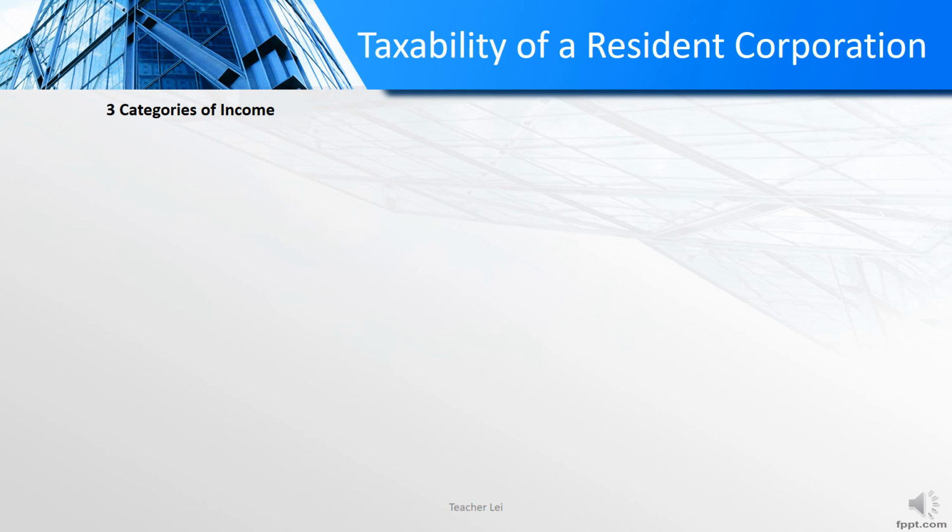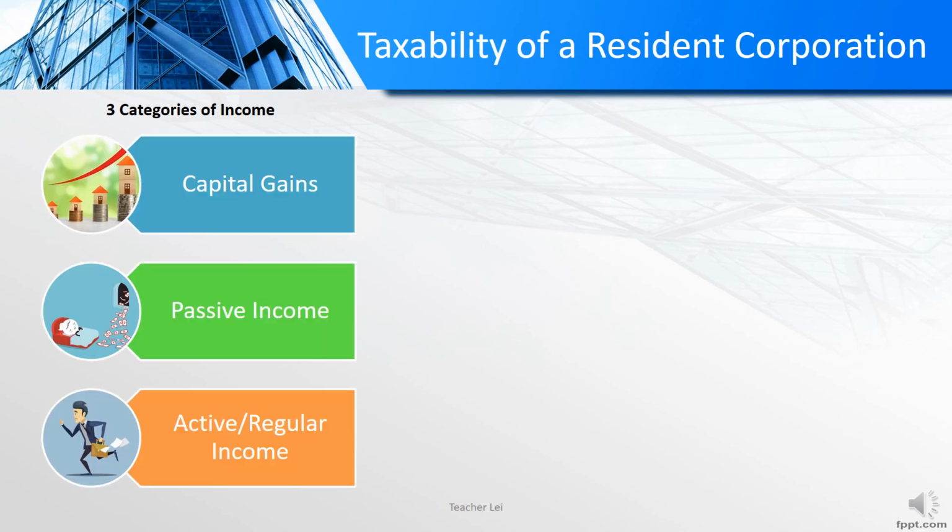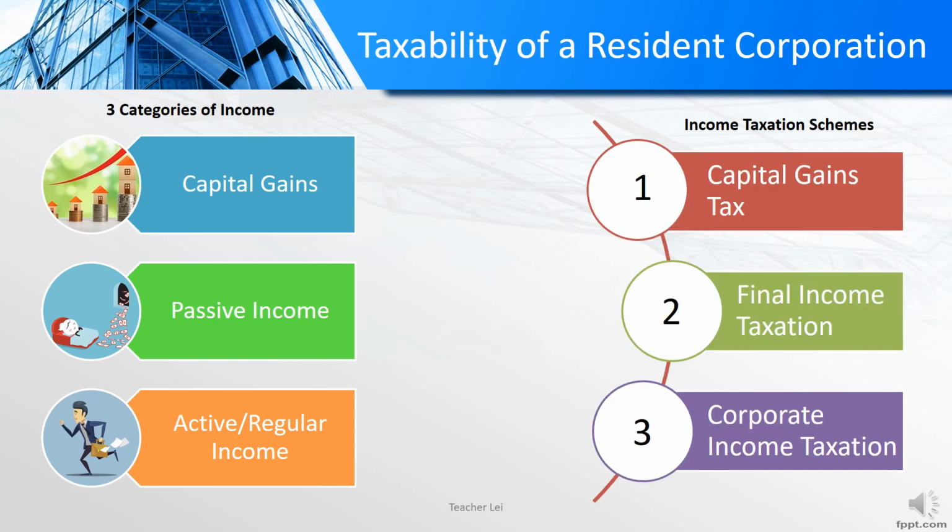Take note that the three categories of income, capital gains, passive income, and active or regular income, are subject to three income taxation schemes: capital gains tax, final income taxation, and corporate income taxation.